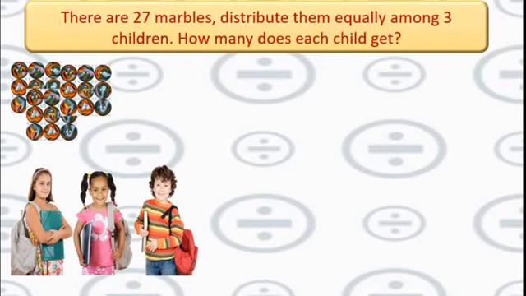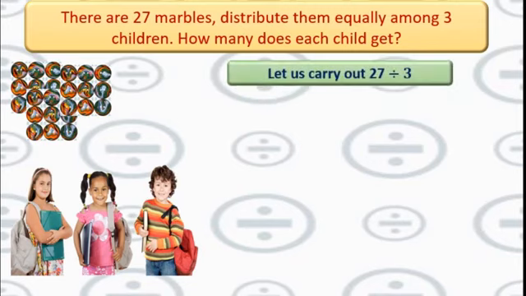Okay, now we will carry out our division. Here what we will divide? We will divide total number of marbles by total number of children. That you know, 27 total number of marbles. So 27 divided by 3. We will go for the method 27 divided by 3.